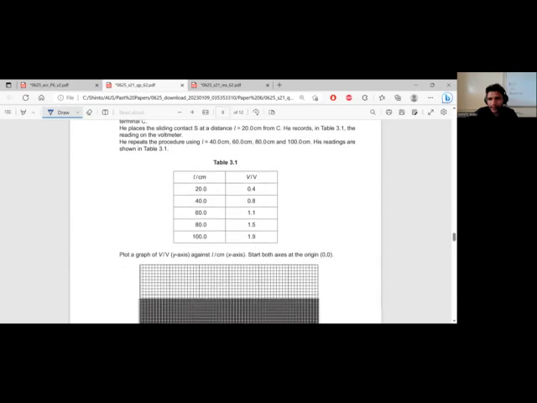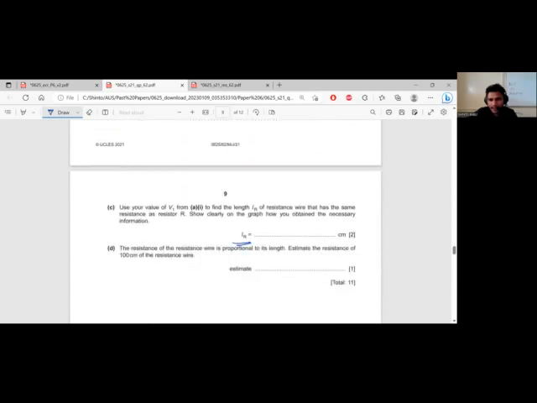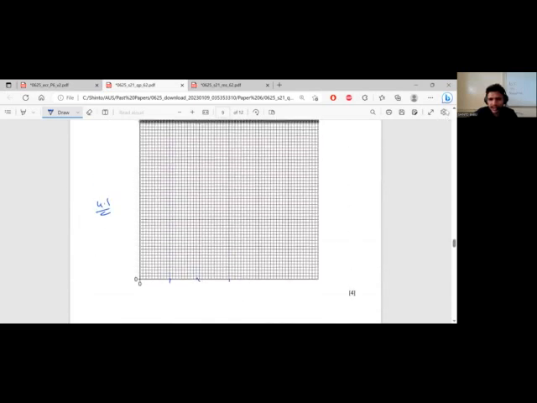So after drawing the graph, we come across another question where we use the resistance that was calculated before, and based on that resistance value, you're supposed to calculate the length of wire corresponding to that. So in this graph, we originally plotted L along x-axis and V along y-axis.